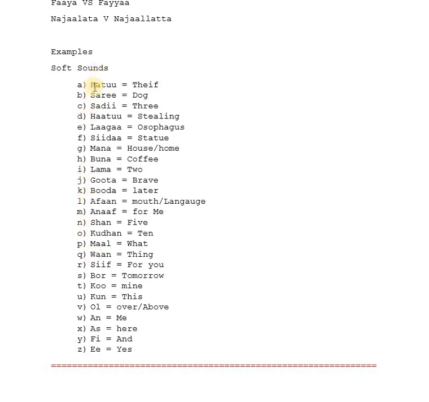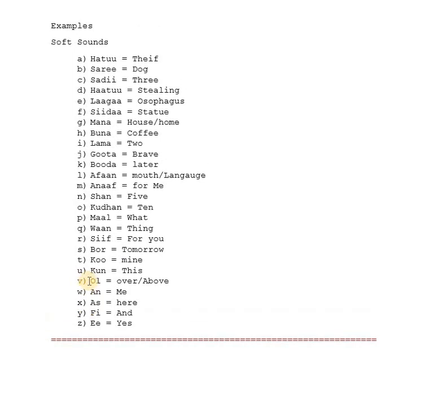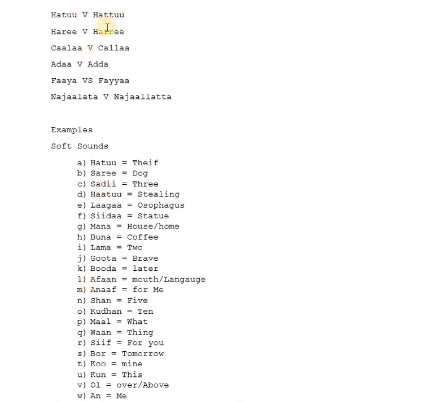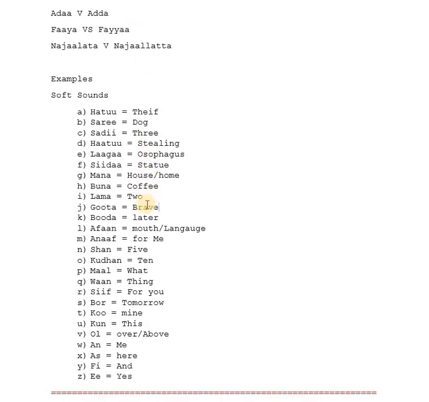The first sound is always soft, and we can't make it strong in the Oromo language. That is one rule that we have to know. I will continue with strong sounds in the next video.